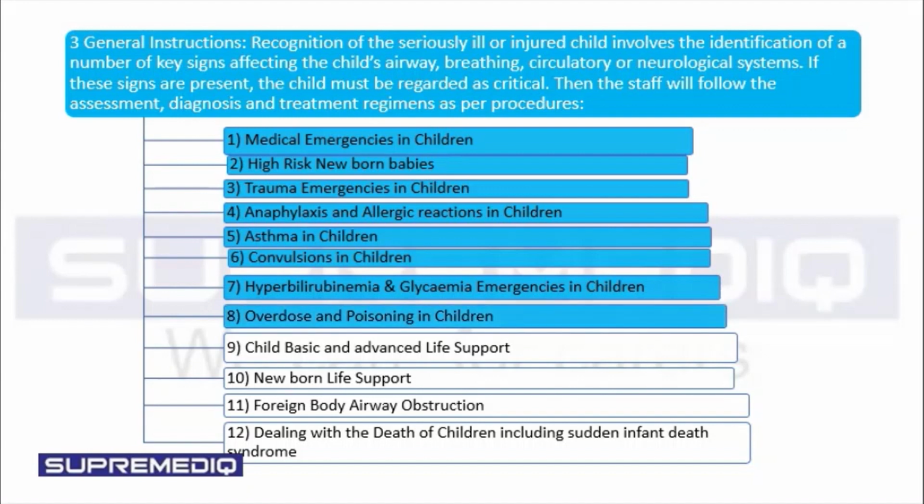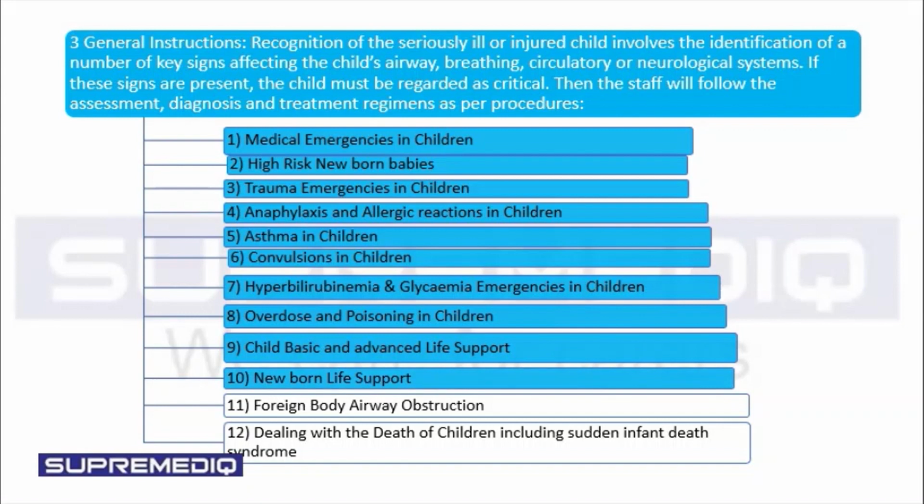Hyperbilirubinemia and glycemia emergencies in children. 8. Overdose and poisoning in children. 9. Child basic and advanced life support. 10. Newborn life support. 11. Foreign body airway obstruction. 12. Dealing with the death of children including sudden infant death syndrome.